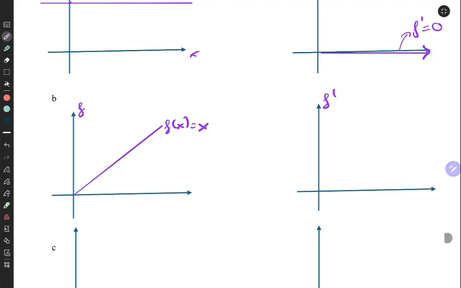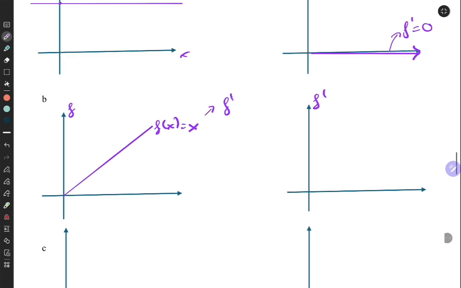If you plug into the formula above and do the limit, you're going to find out that f prime is going to be 1. Then on the right hand side, can you draw f prime equals 1? What does it look like? A line at 1, y equals 1, correct. f prime equals 1.